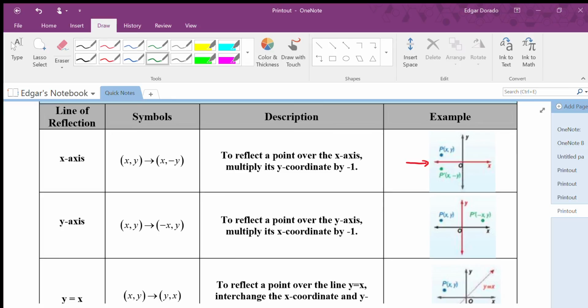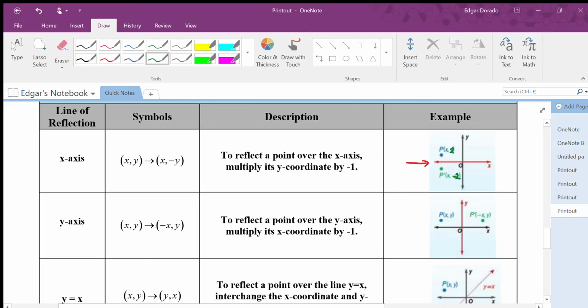Well, let's say, for example, that for this point P, my y was 2. Okay, notice how I changed that on my example. If it was 2 for my original point P, for my y, then 2 times -1 would be -2.